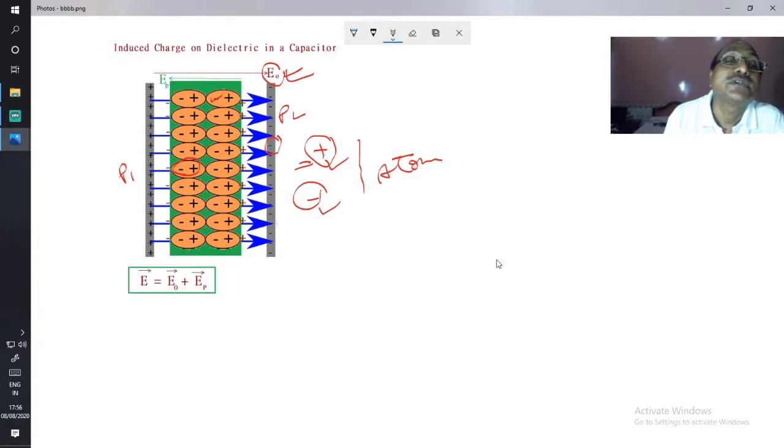Now, here we are observing the total negative charge is concentrated towards this end. That is why this end of the dielectric becomes negatively charged. Similarly, the total positive charge is concentrated towards this end, due to which this end will be positively charged. Now, what happens?